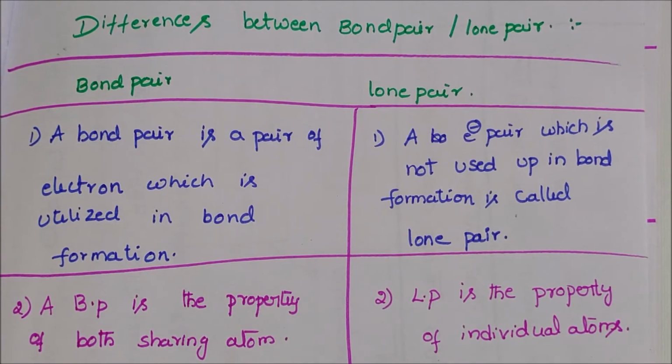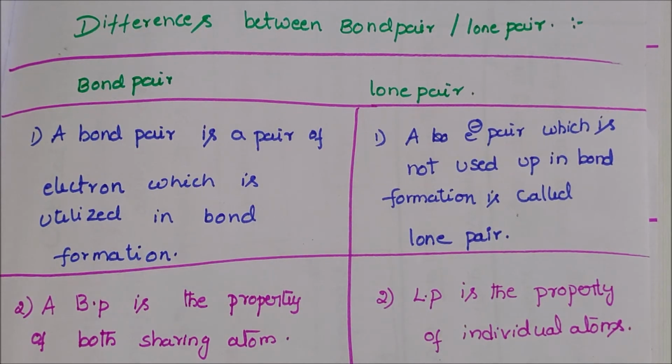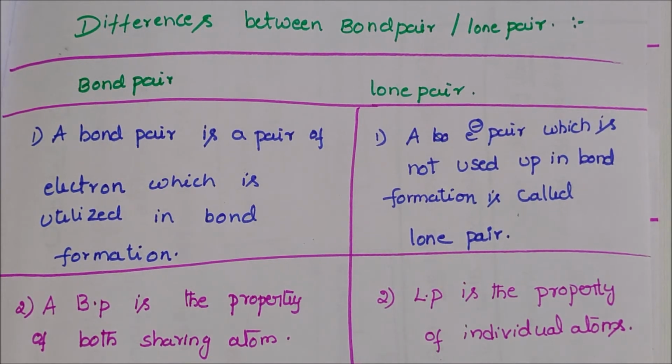What are the differences between a bond pair and a lone pair? A bond pair is a pair of electrons which is utilized in bond formation, that means an electron pair involved in the bond formation is called a bond pair.